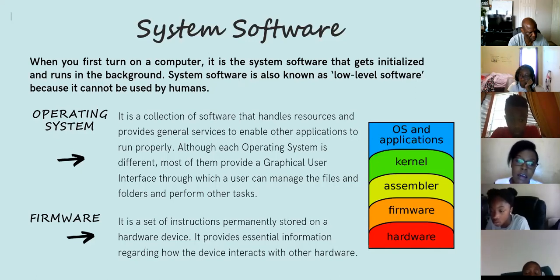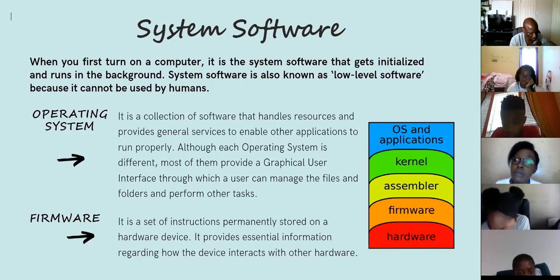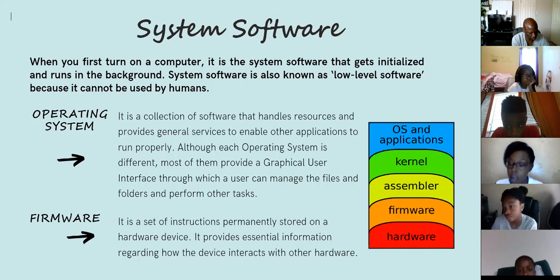Okay. After that, we have the firmware. Remember we talked about the hardware components of a computer, like the hard drive and the RAM. They have the metal part, the construction that we can touch.